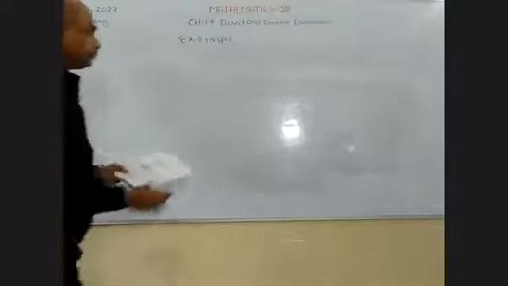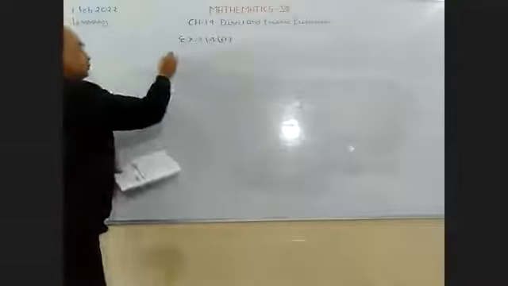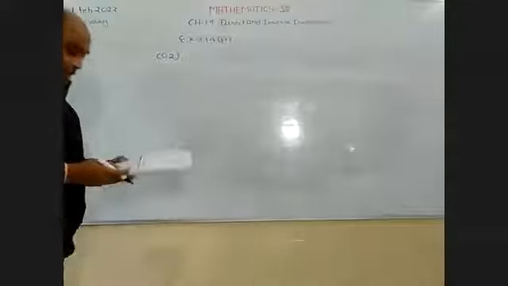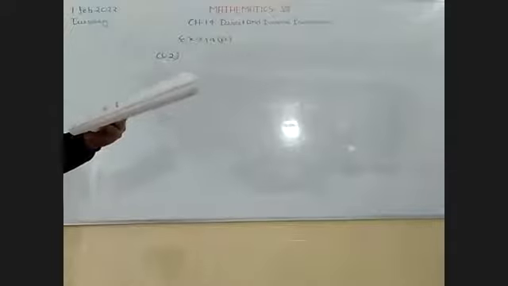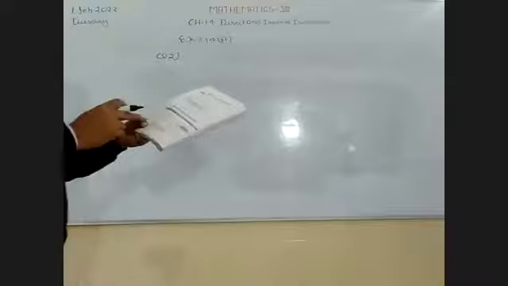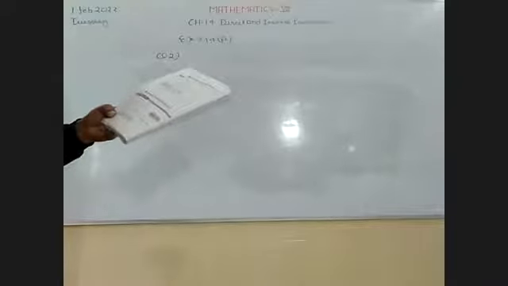Question number 2. Check what is given in this question. In which of the following are X and Y directly proportional? Now we want to check whether in this table X and Y are directly proportional or not.